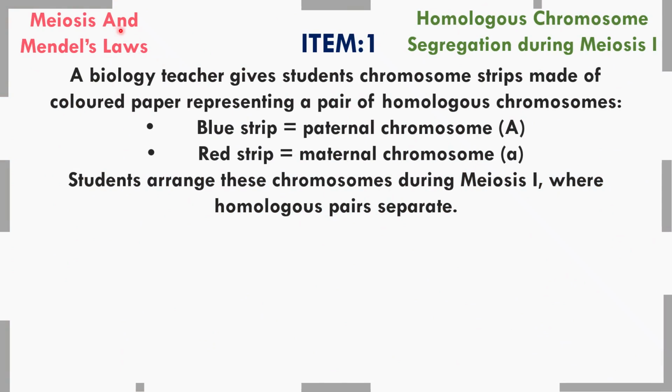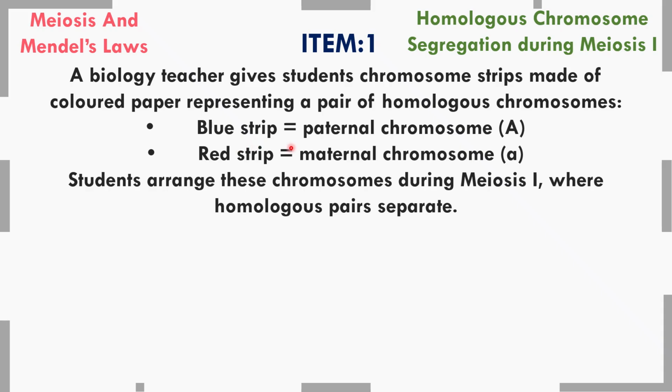We are going to look at meiosis and Mendel's law. We are starting with homologous chromosome segregation during meiosis 1. Item 1. A biology teacher gives students chromosome strips made of colored paper representing a pair of homologous chromosomes.